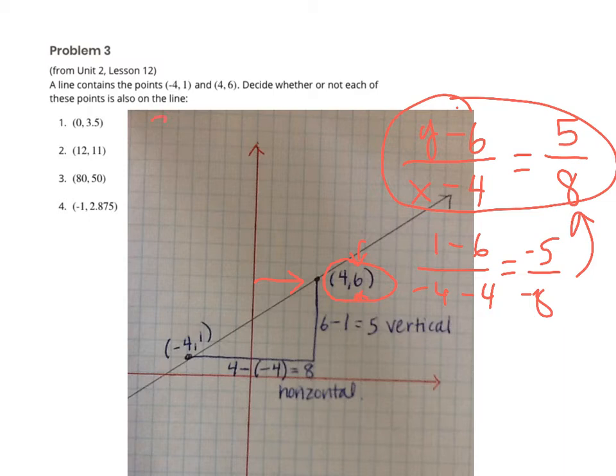So we have 3.5 minus 6, and does that equal a ratio that's going to give us 5? And then 0 minus 4, is that going to be a ratio that gives us, the bottom part, a ratio that gives us 8? So 3.5 minus 6 is -2.5, and 0 minus 4 is -4.